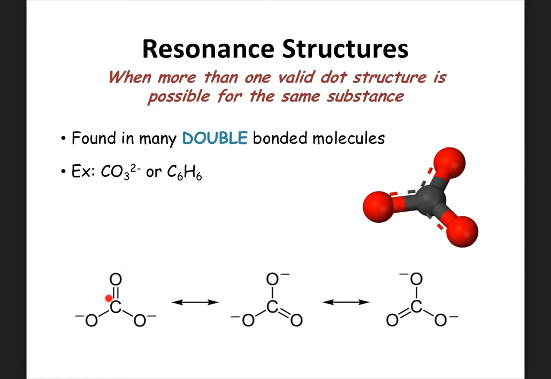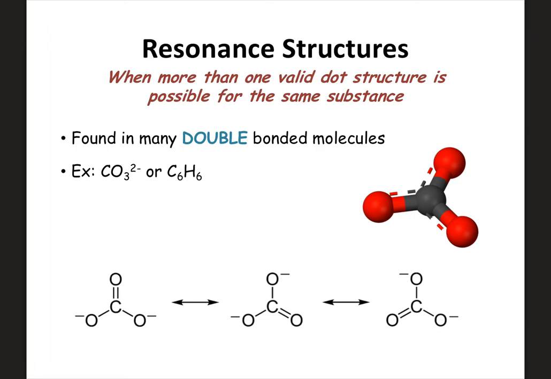One of the oxygens would have a double bond, and the other 2 would have a single bond. So what's really different if this carbon and oxygen had the double bond, or if this carbon and oxygen has the double bond? There is no difference. It's the same exact dot structure. So we said that that is resonance.